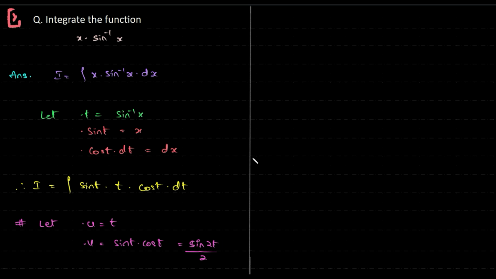So this is convenient. If I differentiate u, I'll get 1, and if I integrate v, I'll get 1 by 2 integration of sine 2t dt, and this would be minus cos of 2t by 4.